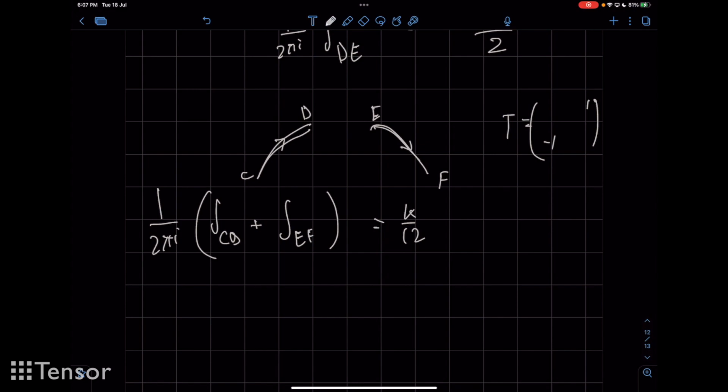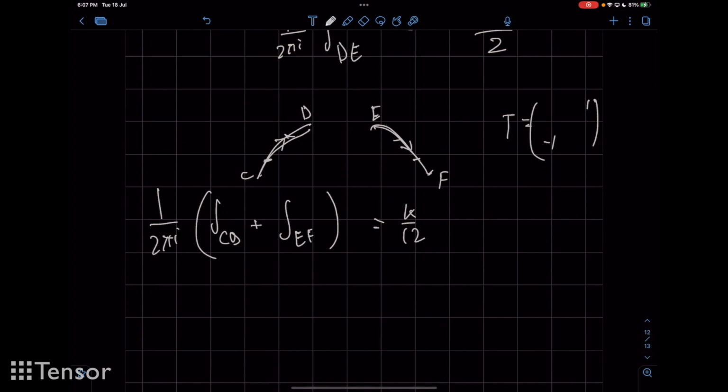But there's of course a but. What about the orientation? Does the orientation stay the same, or does it get reversed, or what is it? Yeah, if I take a point here, T maps it here. If I have a point here, T maps it here.